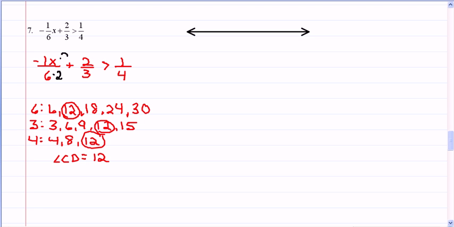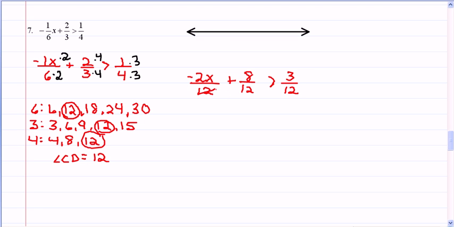So I want to multiply the first fraction by 2 over 2, the second fraction by 4 over 4, and the third fraction by 3 over 3. So that this inequality changes to negative 2x over 12 plus 8 over 12 is greater than 3 over 12.